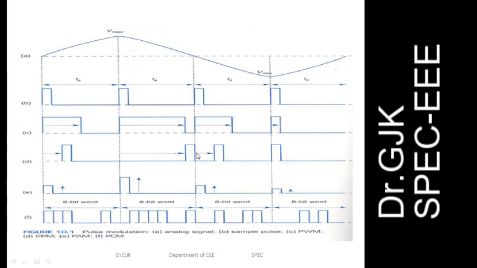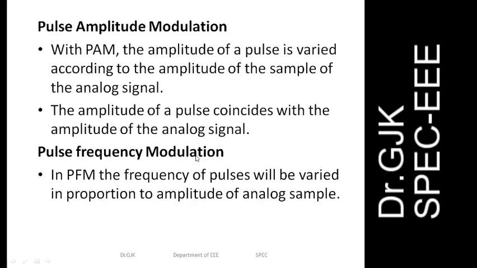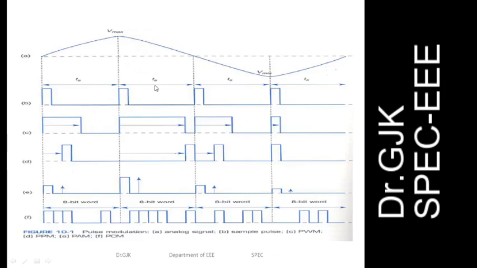Next one is pulse amplitude modulation. In pulse amplitude modulation, the amplitude of each pulse will be proportional to the amplitude of the information signal at that instant. So if you observe this in waveform E, here the amplitude of the sinusoidal signal is 0.